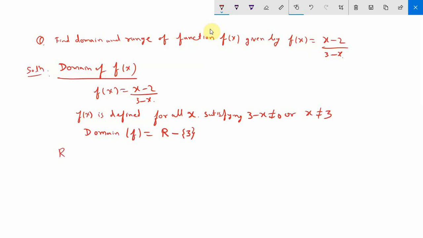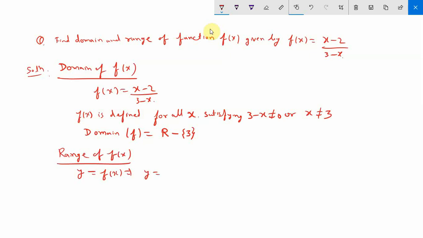Then we will try to find the range of f(x). Okay, so as we discussed, as per the algorithm we have to take y equal to f(x). Then we will try to express x in terms of y.